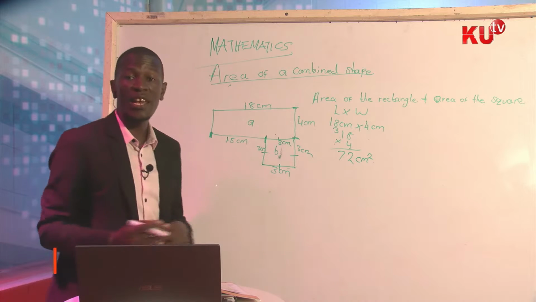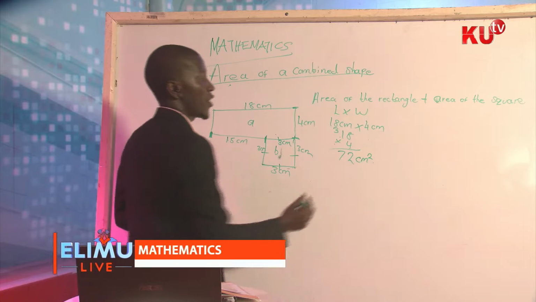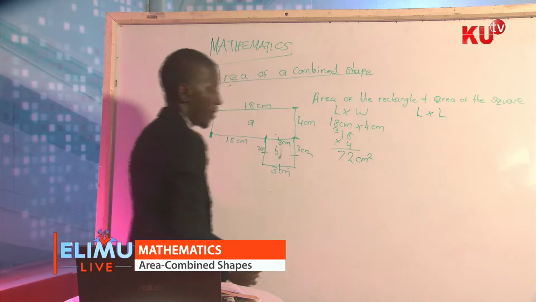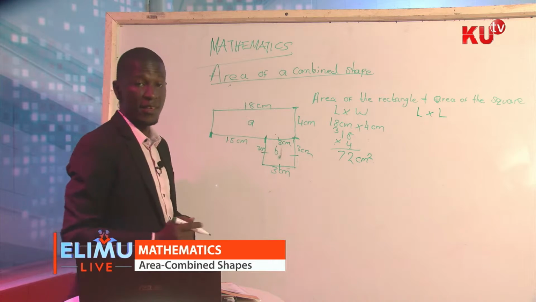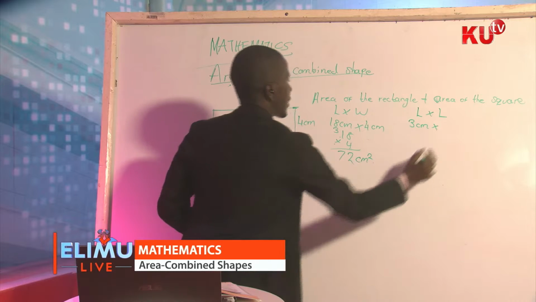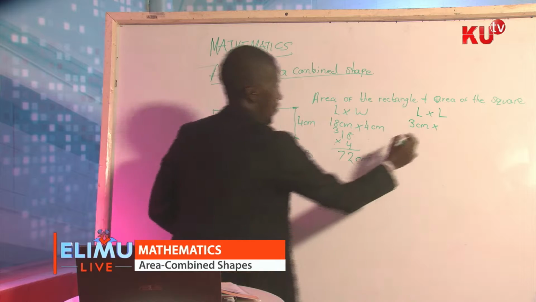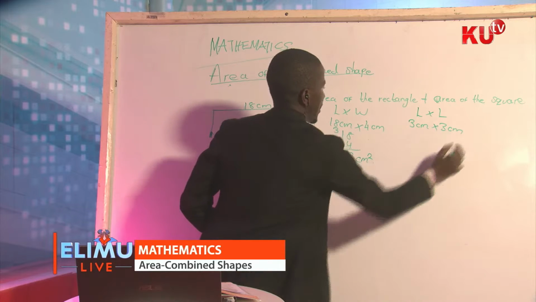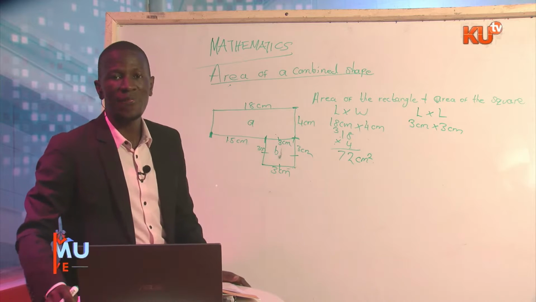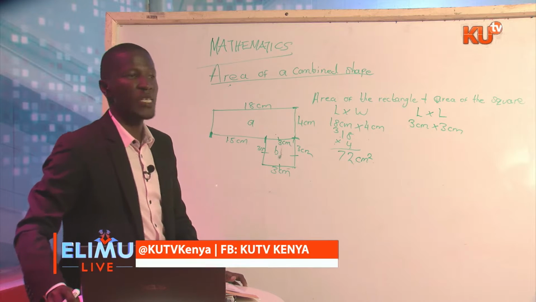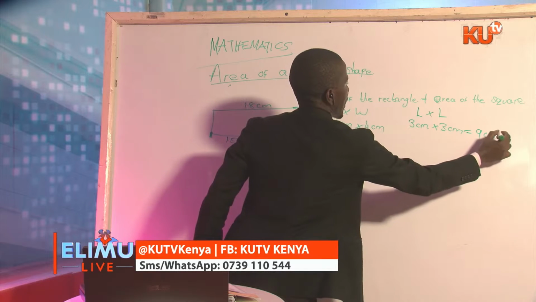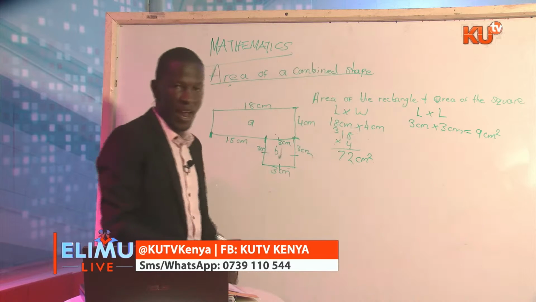From there, we move to the area of the square. How do you find the area of the square? Area of the square is equal to length times length. And what is our length? Our length is 3 centimeters times 3 centimeters. So what is 3 times 3, learners? 3 times 3 is equal to 9 centimeters squared.